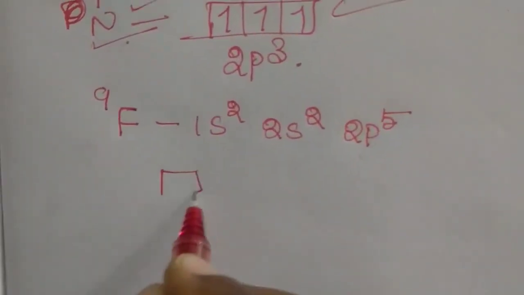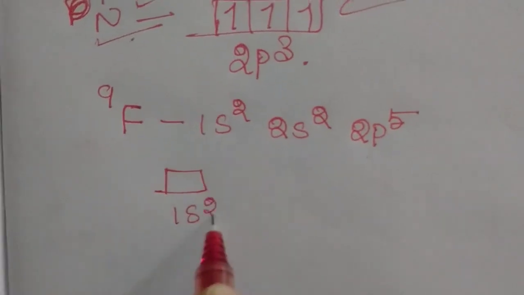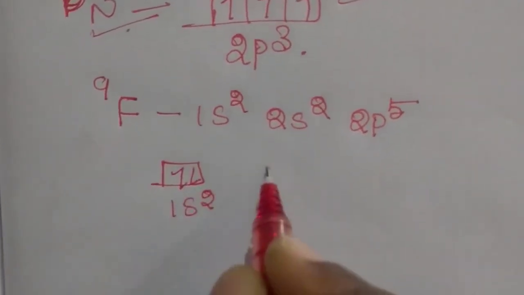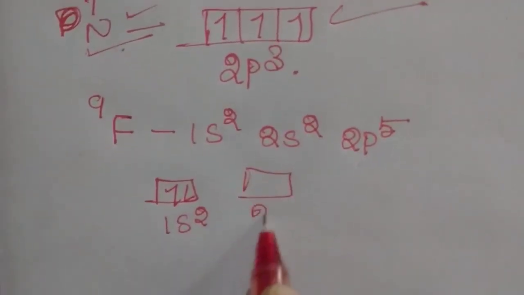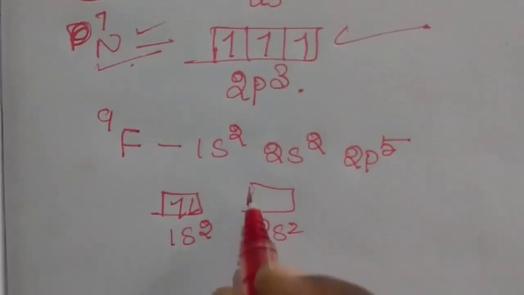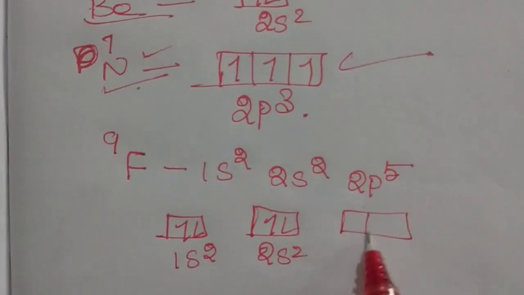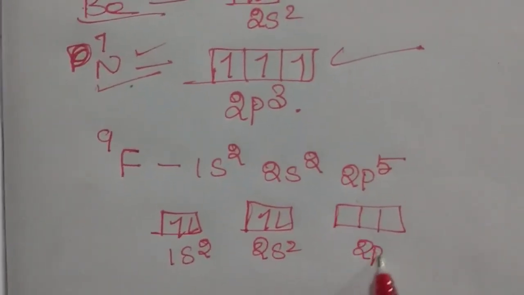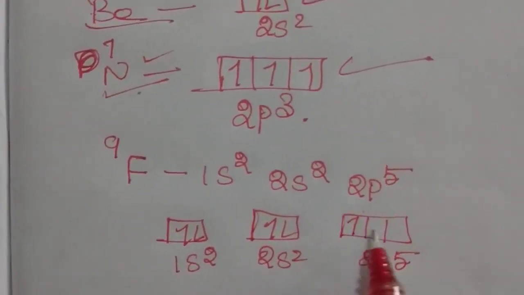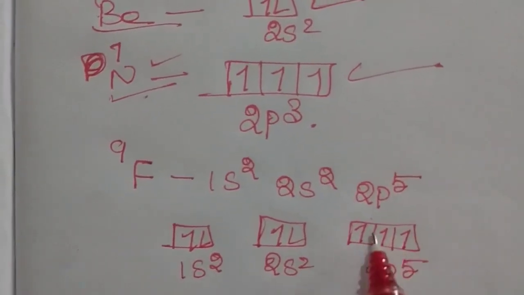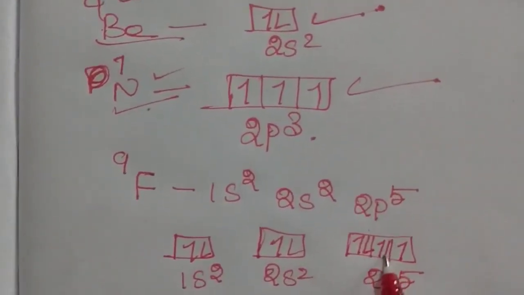Write the box configuration: 1s² with 1, 2; then 2s² with 1, 2; then 2p⁵ with 1, 2, 3, 4, 5.